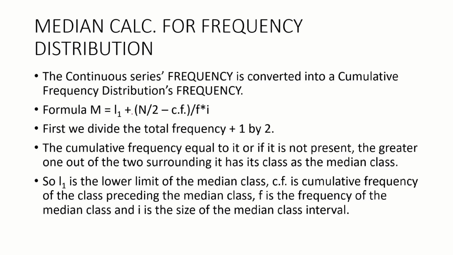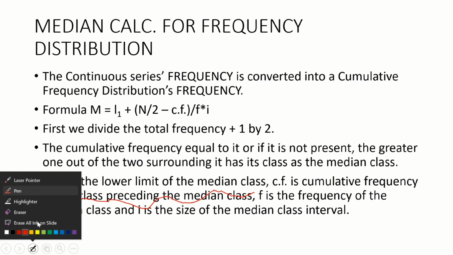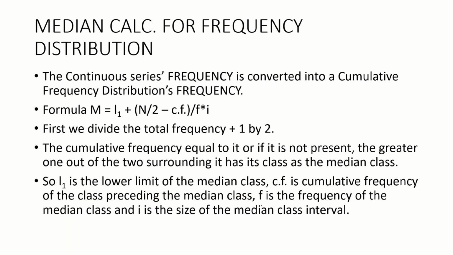Plus, well, N obviously is the number of values, okay? And CF is the cumulative frequency. Remember this part of the class preceding the median class, okay? So the cumulative frequency of the class preceding the median class is CF, right?